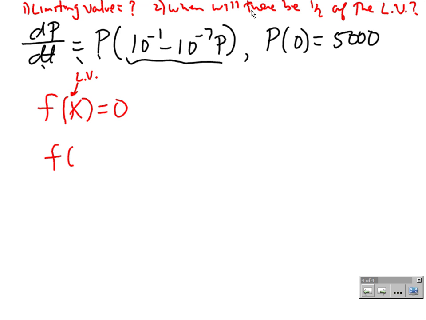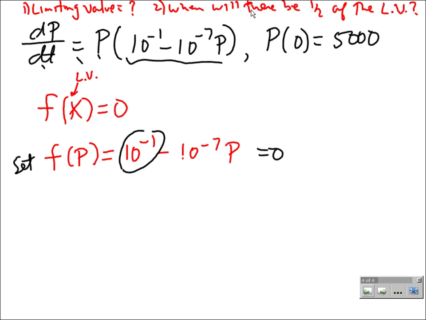Well, we know that f of P is 10 to the negative 1 minus 10 to the negative 7 P. And you want to know when it equals 0. I'm going to set it equal to 0. All I know is I'm subtracting things I don't like. Fair enough. I don't like them, but I'm getting 0.